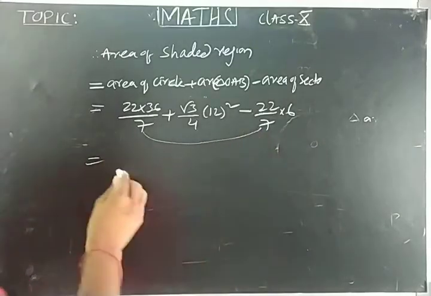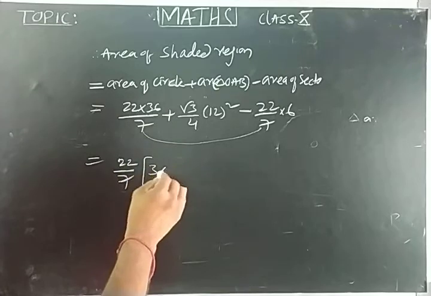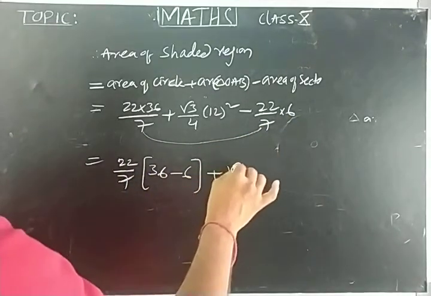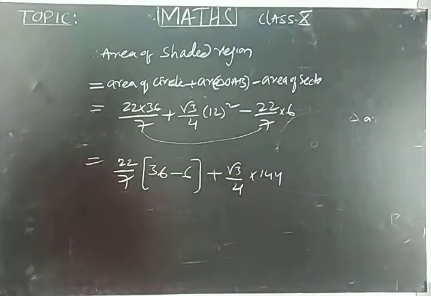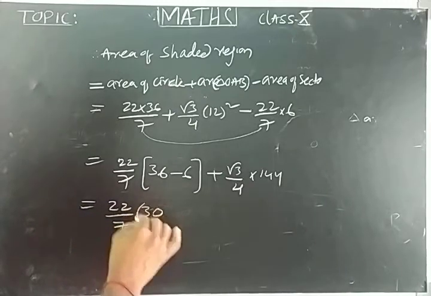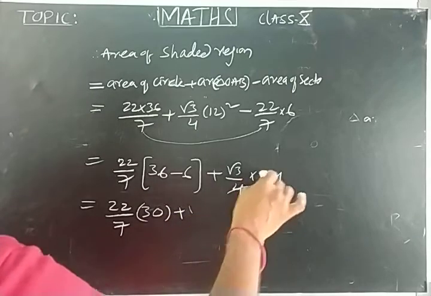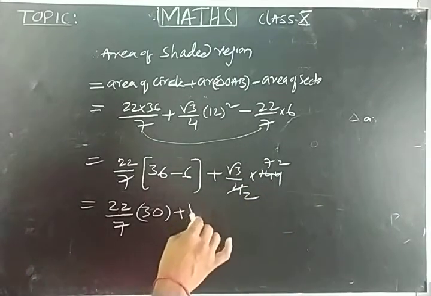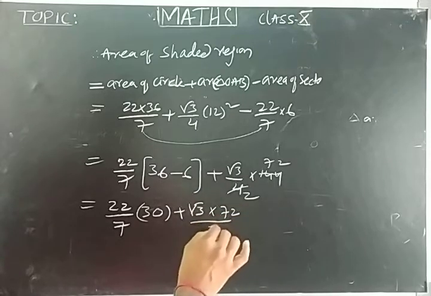From these two terms I am taking 22 by 7 common. Then here you will get 36 and here you will get 6, plus here root 3 by 4 into 12 square, that is 144. So 22 by 7 into 30, plus root 3 into 72 by 2.